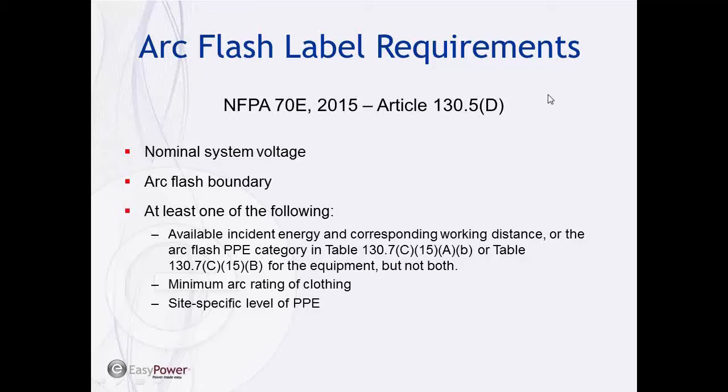You can enter one of those, but it's specified that not both be shown. You can also do a minimum arc rating of the clothing, or you may have your own site-specific levels of PPE. So based on the NFPA 70E, that is what is required to be on your Arc Flash label.